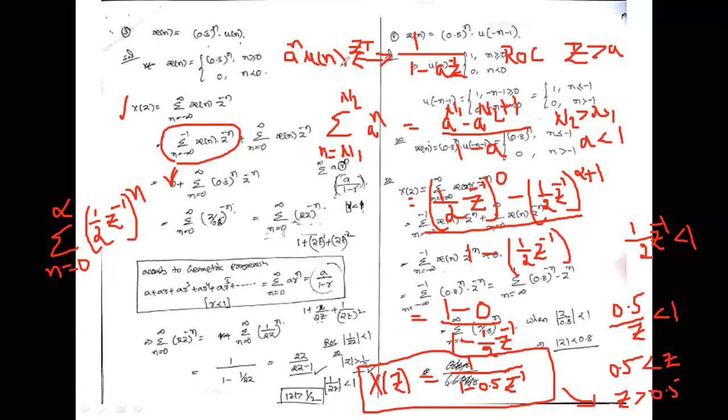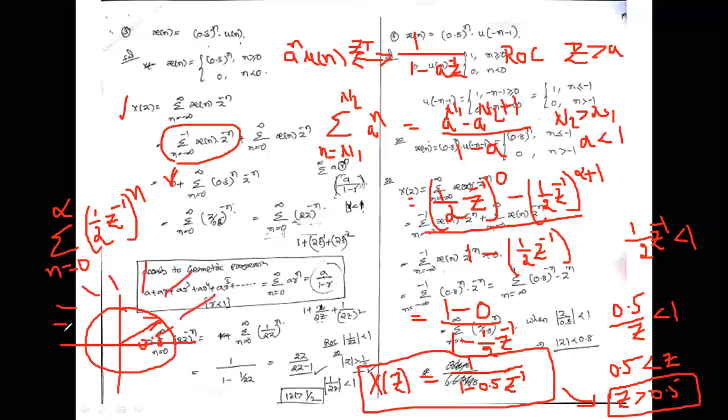Similarly, z is greater than a, where a is 0.5. The ROC is outside the circle with radius 0.5. The region of convergence is totally outside the circle of radius 0.5. For all values greater than the circle of 0.5, x of z exists.